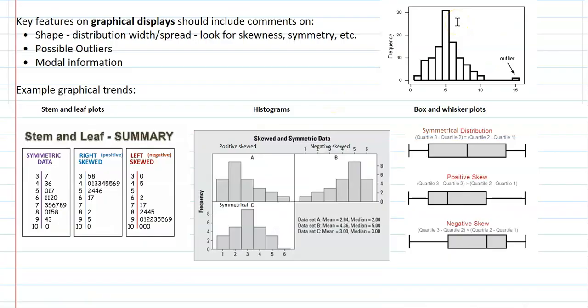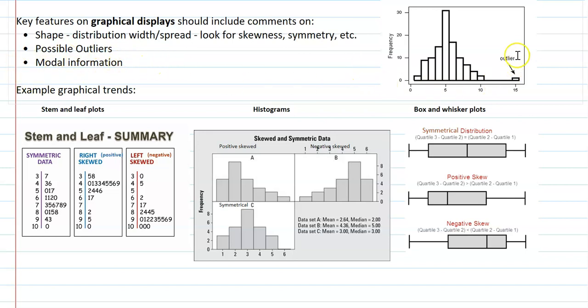Okay, in terms of graphical displays, when you're using these to help analyse your data, the important things are using the shape. So can you talk about the distribution in terms of width and spread? Can you look for skewness, symmetry, etc., presence of possible outliers, and any modal information?